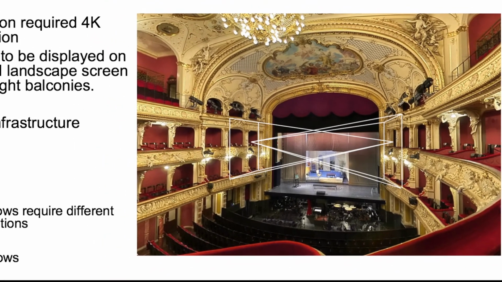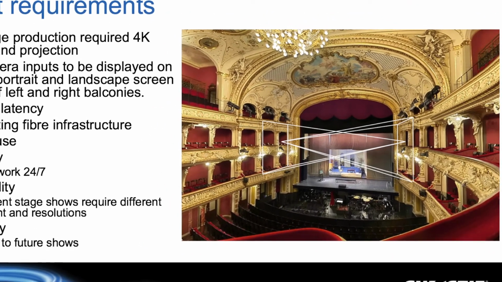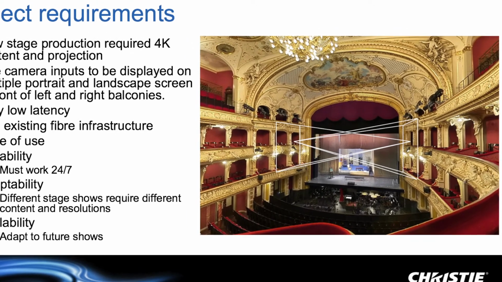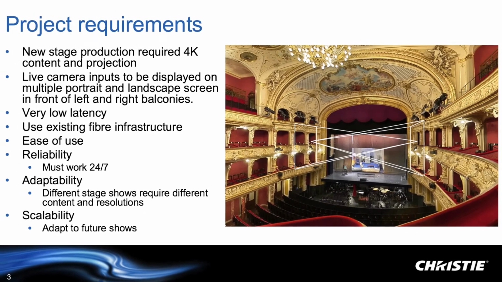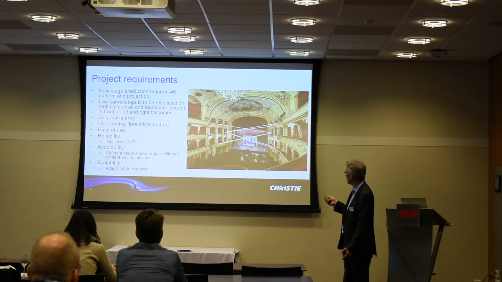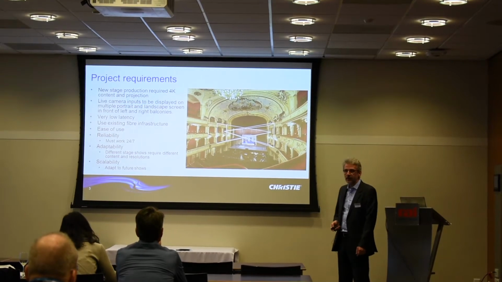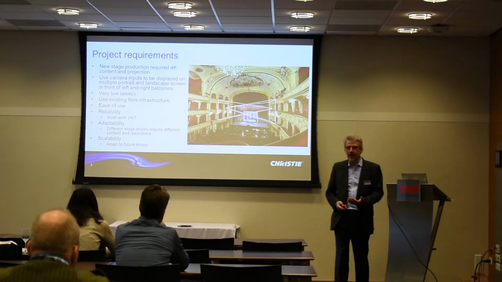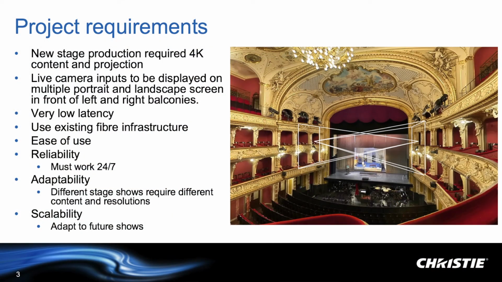And one of the productions that they were producing last summer, the artistic director actually required live camera and different content on screens that were going to be suspended in front of the balconies either side. They were looking at different ways of doing that, either suspending flat panels or LED and stuff like that, but those kind of solutions were actually too heavy and too complex to implement.